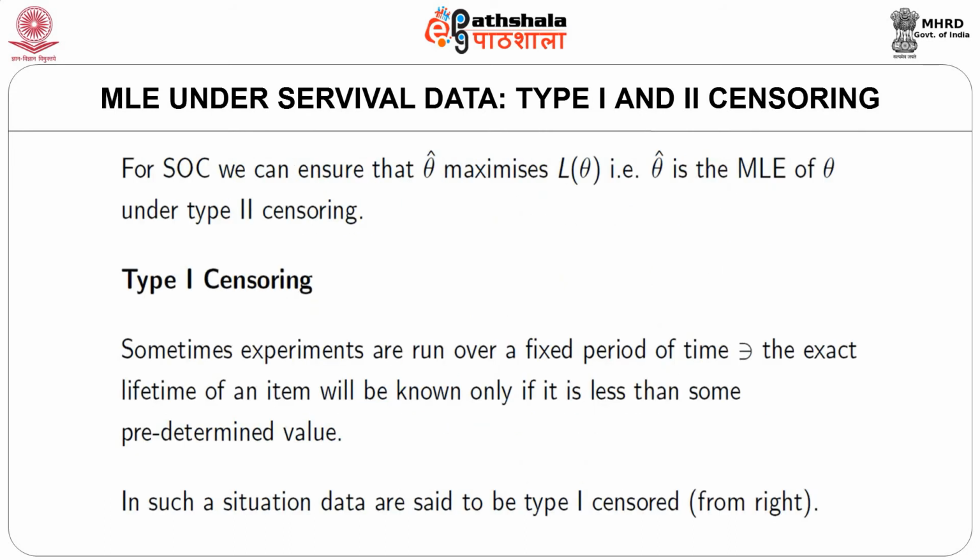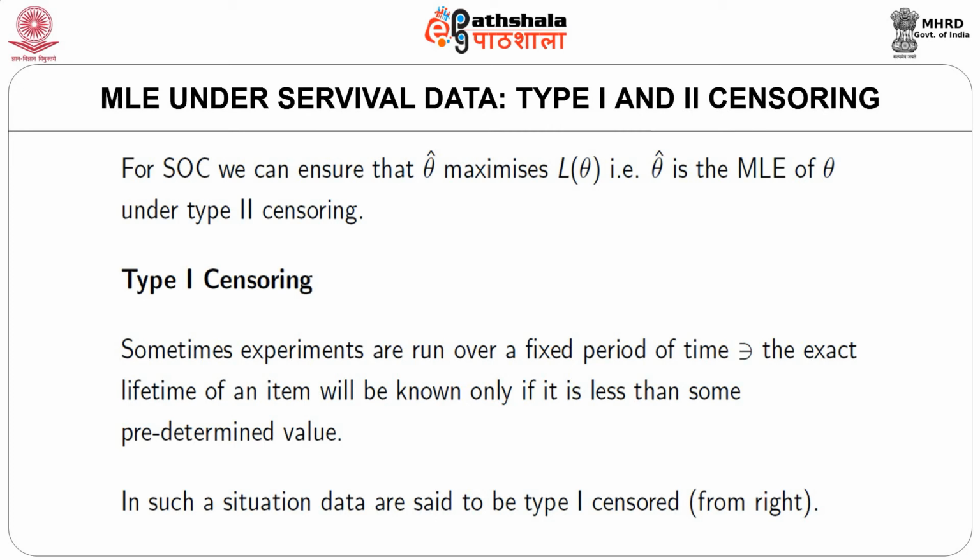From second order condition, we can ensure that this theta hat maximizes the likelihood function capital L theta. That is, this theta hat is the maximum likelihood estimator of theta under type 2 censoring.